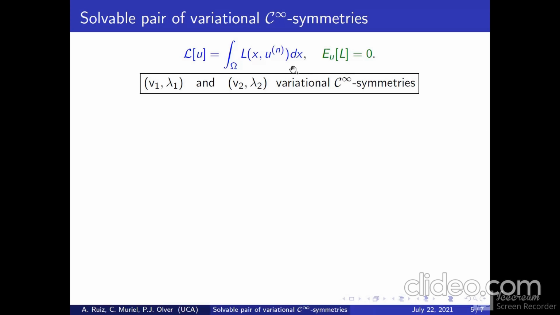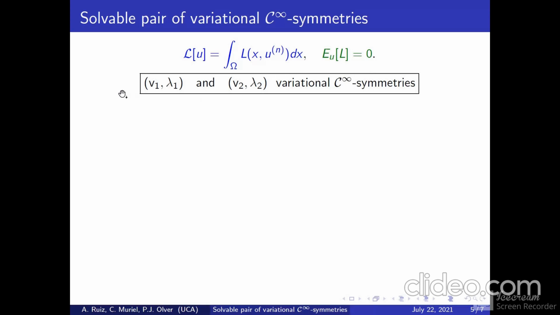So for that we consider again an nth order variational problem written in this form. L again is the Lagrangian function, and we consider its corresponding Euler-Lagrange equation.